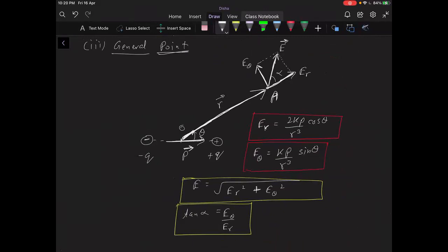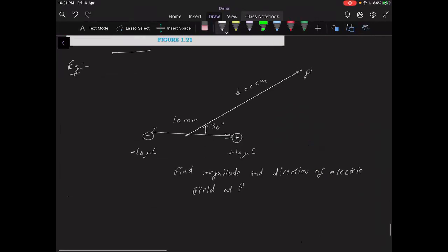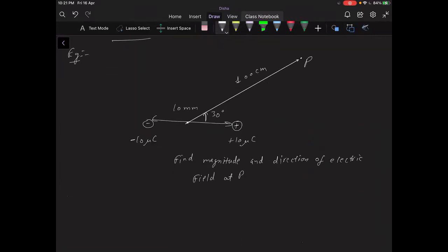Take a screenshot or this photograph. Are we done? Yes. So you have to apply that approach in this question.